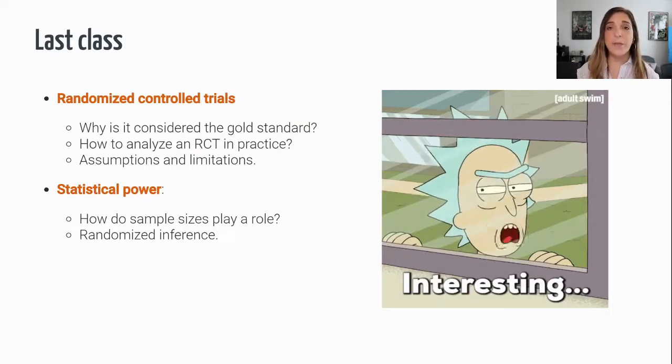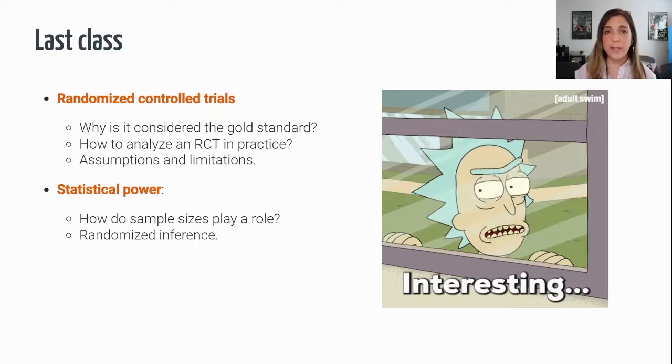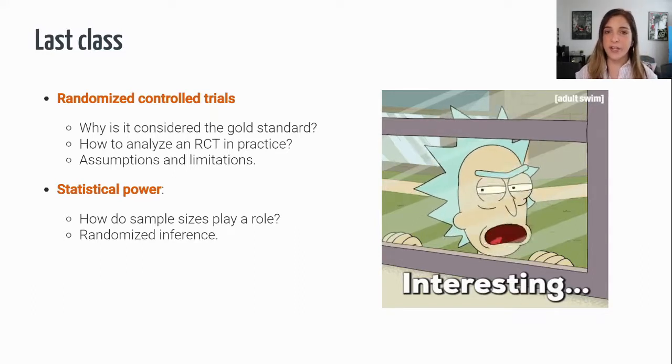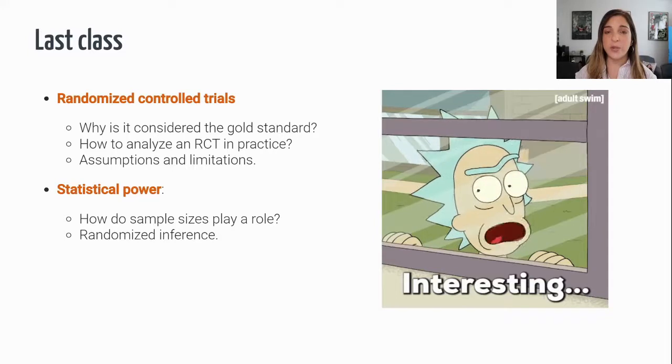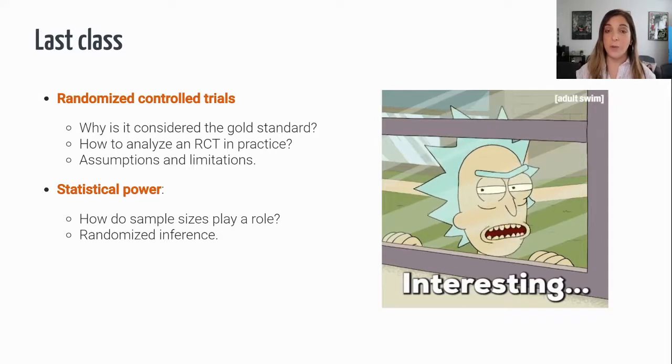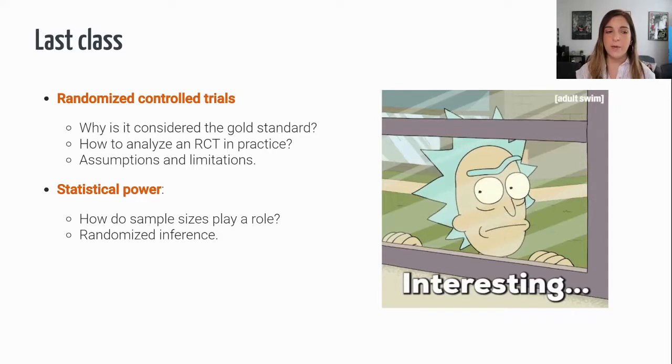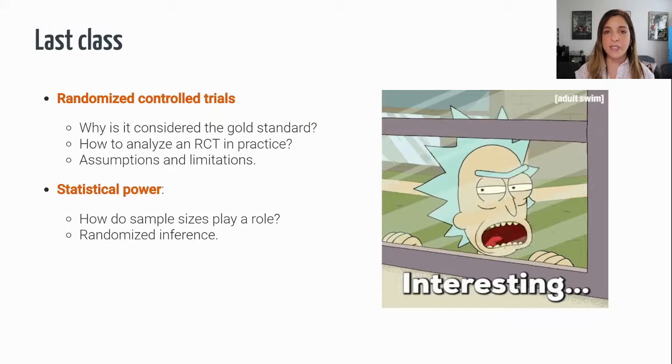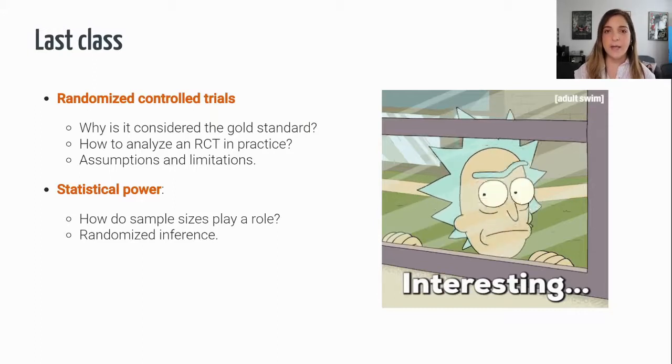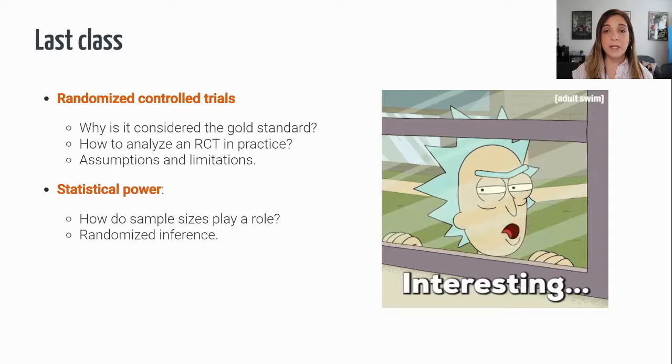We also talked a little bit about the assumptions and limitations behind RCTs. So the idea here basically is that even though randomized controlled trials have very high internal validity in terms of being able to identify causal effects for the sample at hand that we have in a field experiment, a lot of the times comes with certain limitations in terms of external validity, for instance.